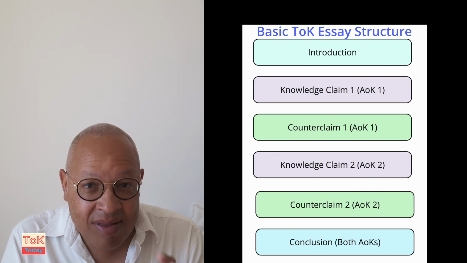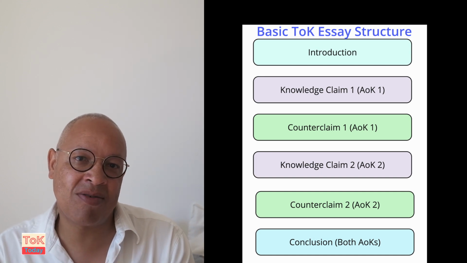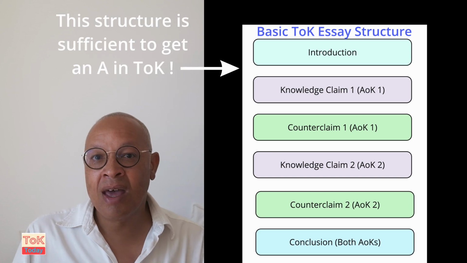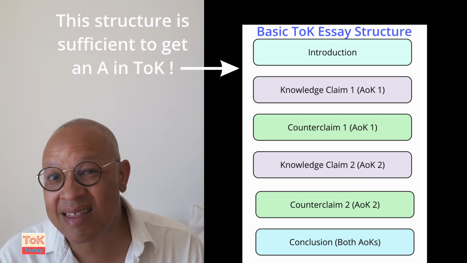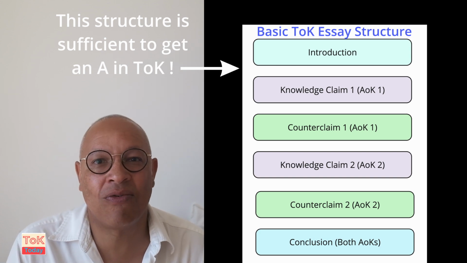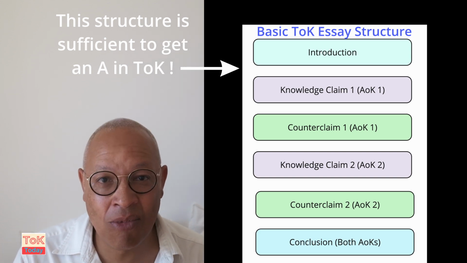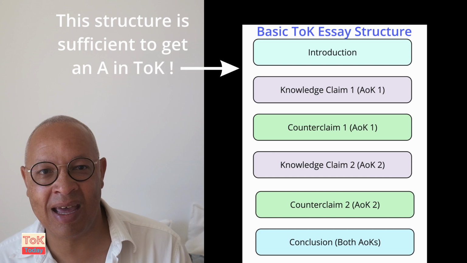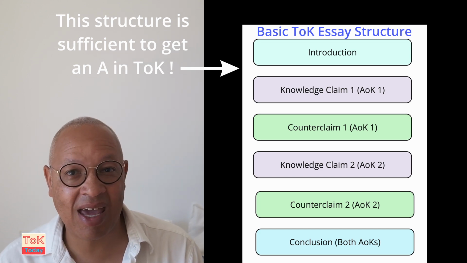Now, this is the most straightforward, clearest, and most popular essay structure. And this essay structure is easily sufficient to get 9 out of 10 or 10 out of 10. You don't need to have a more complex essay structure than this to do well in the ToK essay.